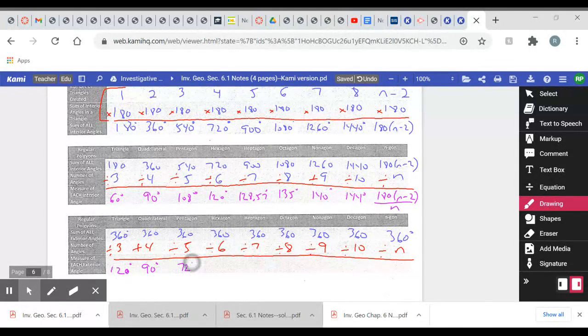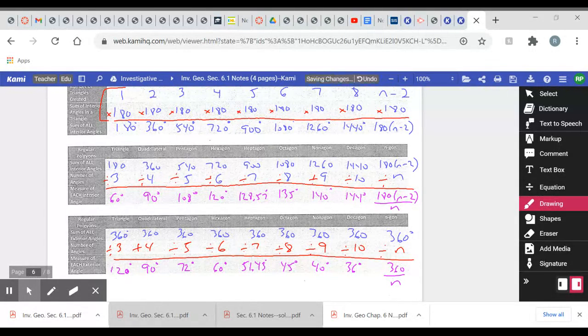Pentagon's going to have 72 degrees. Hexagon's going to have 60. You can see they're getting smaller and smaller. Heptagon is 51.43 degrees. Octagon has 45 degrees, and nonagon has 40 degrees. Decagon has 36. And so a regular n-gon is 360 divided by n.